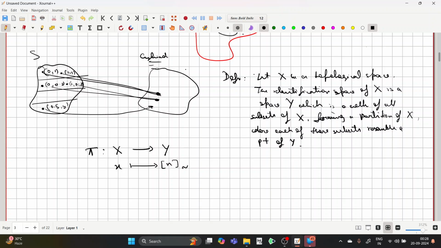Or what I can do is send x to the subset which resembles the equivalence class of x in terms of partitions, or to the subset in which x belongs, the subset which forms a partition of X. So these constitute the points of Y. So Y is typically a collection of equivalence classes.